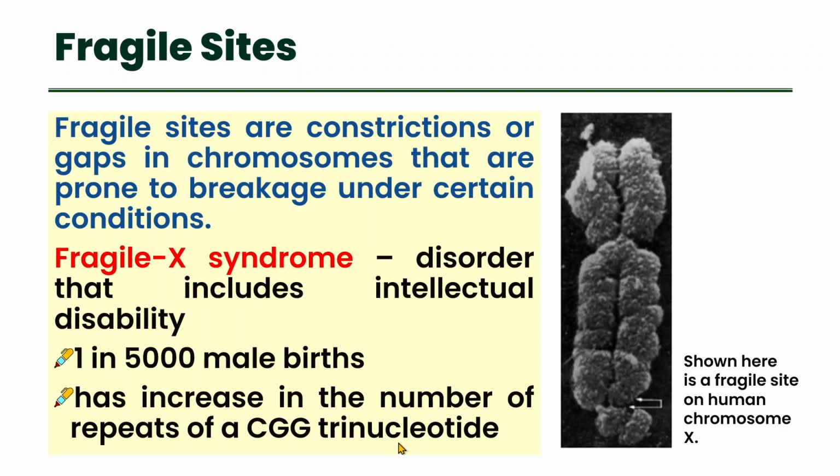A well-known example is Fragile X syndrome, a genetic disorder associated with intellectual disability. It occurs in about 1 in every 5,000 male births and is caused by an increase in the number of CGG trinucleotide repeats within a particular gene on the X chromosome. In this picture, shown here is a fragile site on human chromosome X.